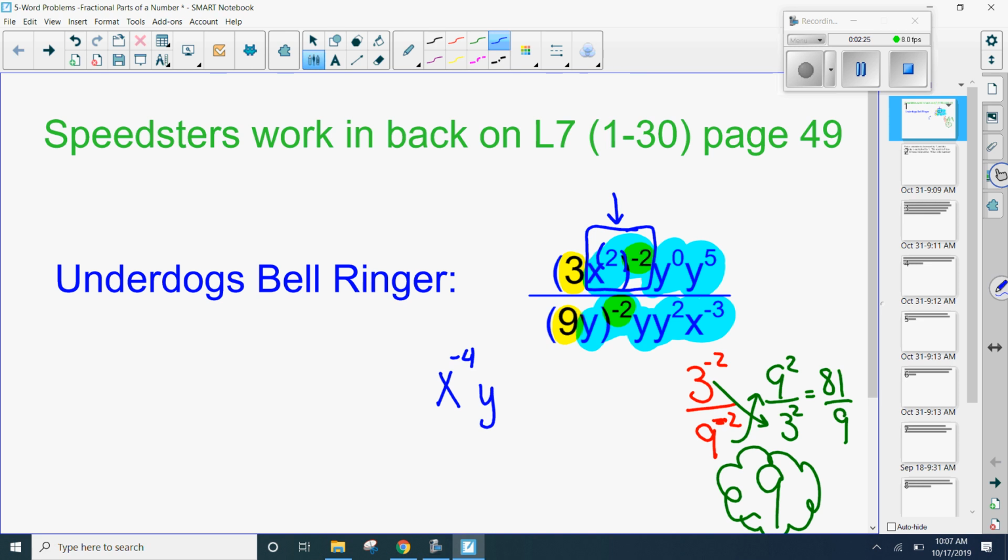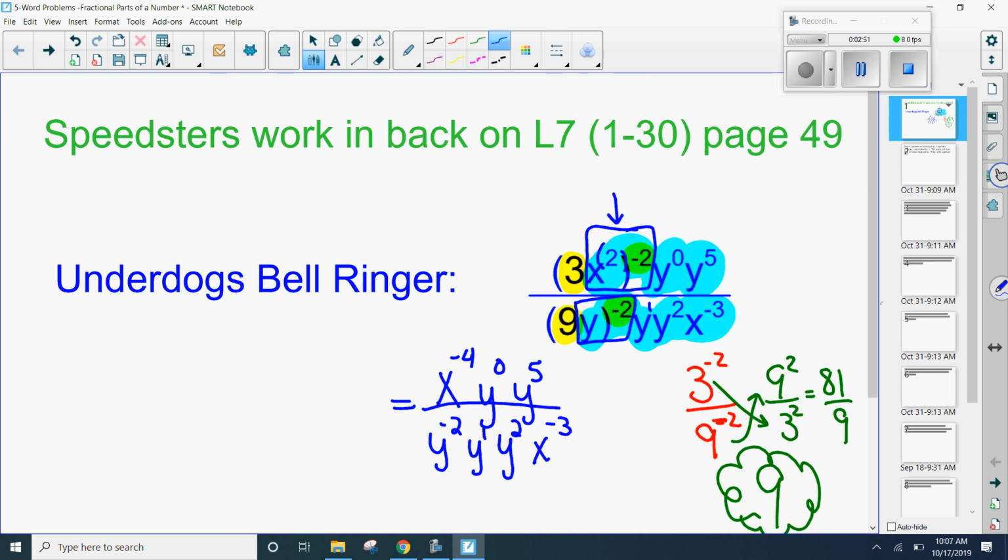You have y to the 0, and you have y to the 5th. In the denominator, what does this become? Y to the negative 2nd. So you have y to the negative 2nd, y, which is understood to be to the 1st power, if some of you need to put that there. Then you have y squared, and you have x to the negative 3rd.